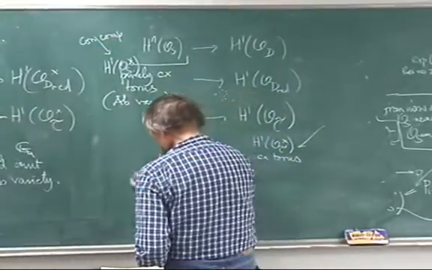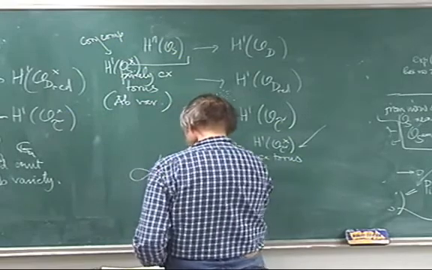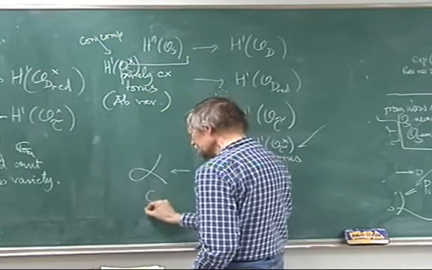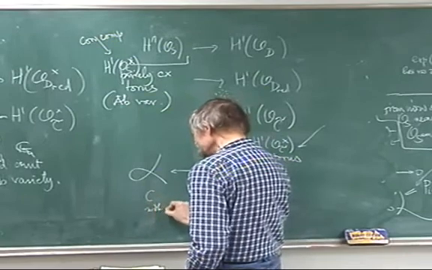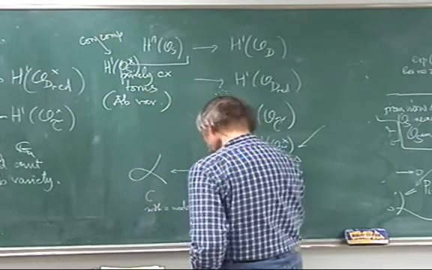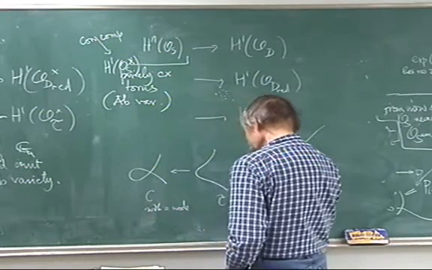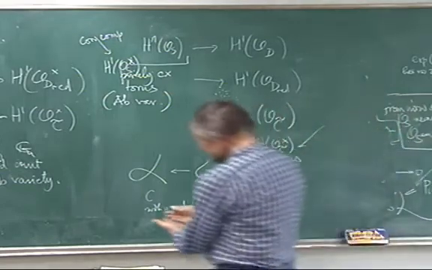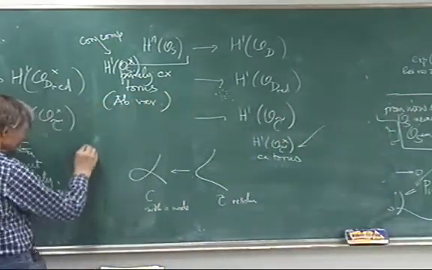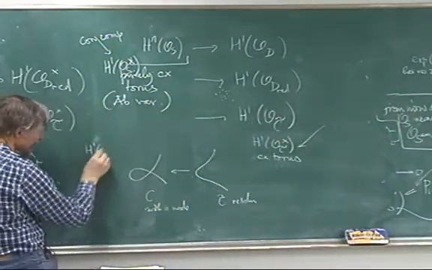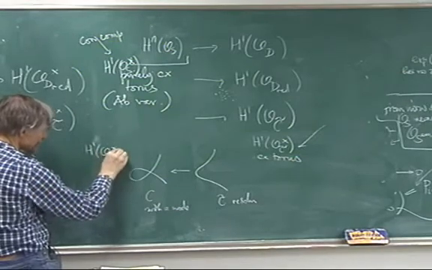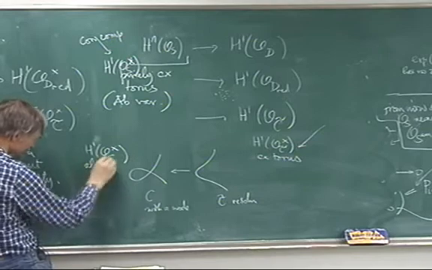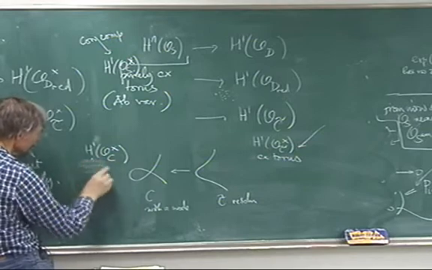I'm sure people have seen this picture. I've got a curve C with a node, and here I've got C twiddle, its resolution. This C has a perfectly good H1(O_C) multiplicative, and the connected component is an algebraic group.